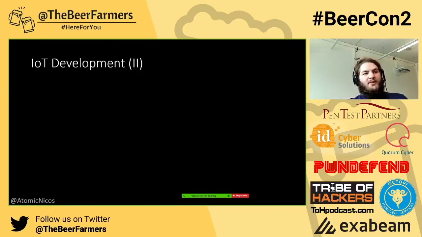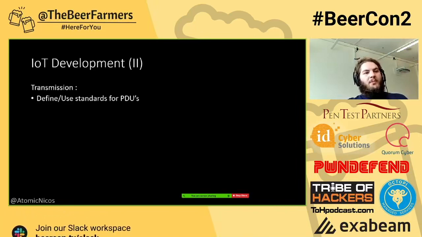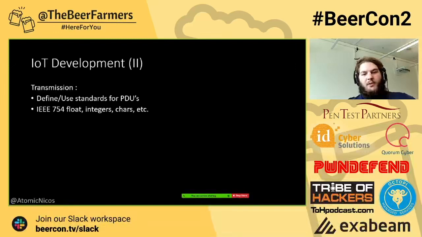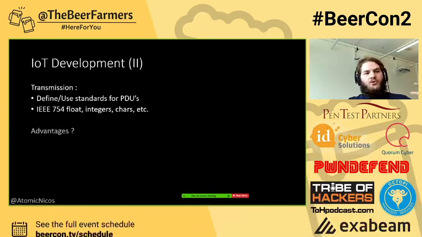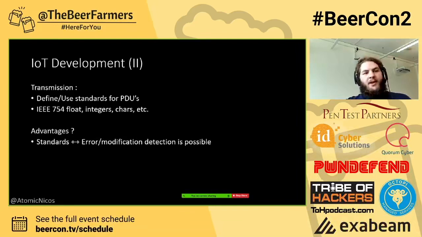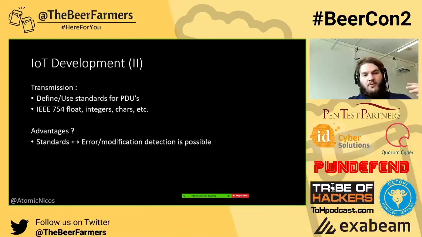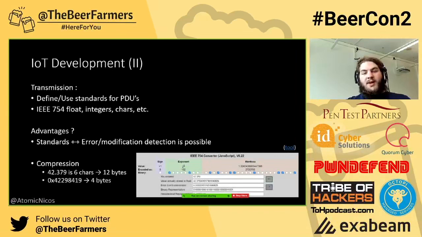In terms of transmission itself, well, you can define and use standards for protocol data units, like the Ethernet packet we talked about earlier, like IEEE 754 float representation, integers, characters, etc. That allows you to have a certain control over the data you're sending, mapping it out, maybe detecting some errors in the format, and checking if you can detect some modification. Another underlying advantage is that it allows you to compress if you're using binary representation of certain data types, like the example shown here.